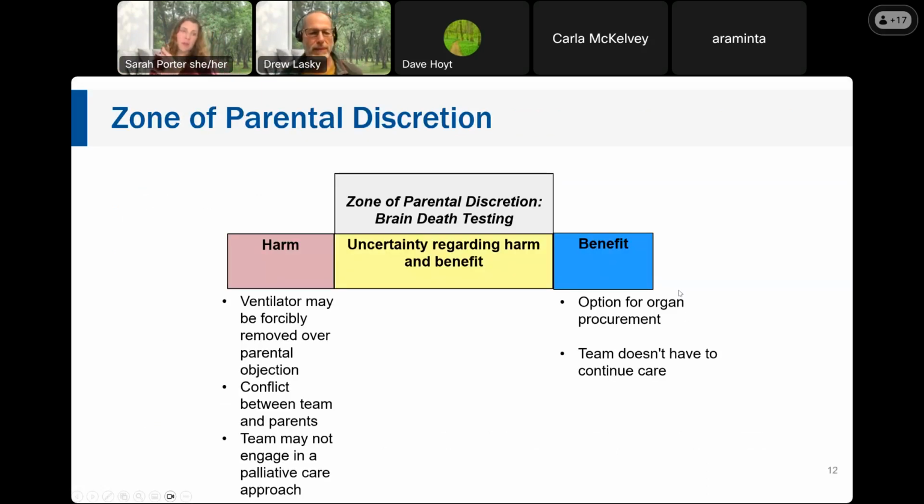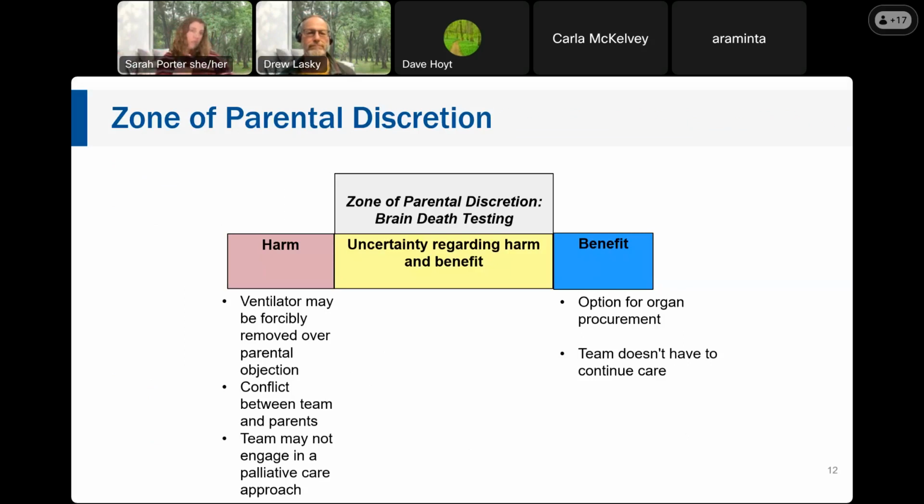Okay, so let's apply the zone of parental discretion to the cases. We've talked about it. So on the benefit side, we have the option for organ procurement, and organ procurement and death by neurologic criteria are intimately connected. Organ procurement is one of the reasons we have definitions around death that include death by neurologic criteria and not just cardiopulmonary cessation.